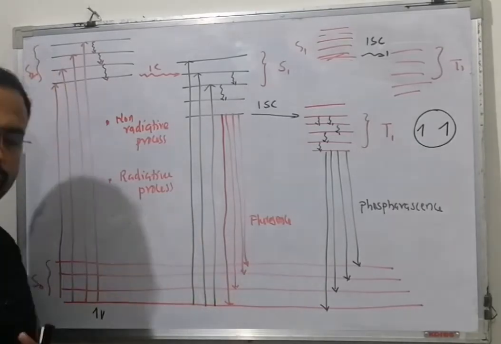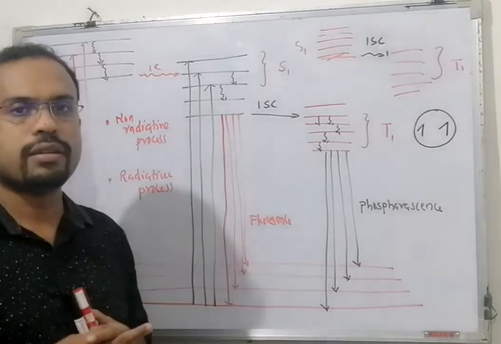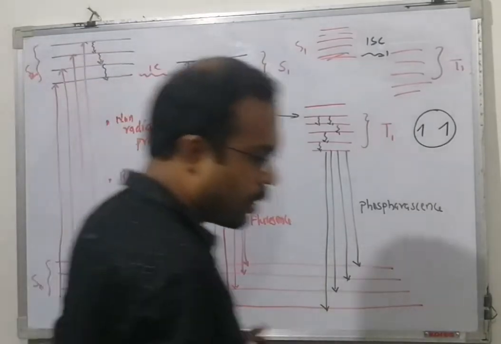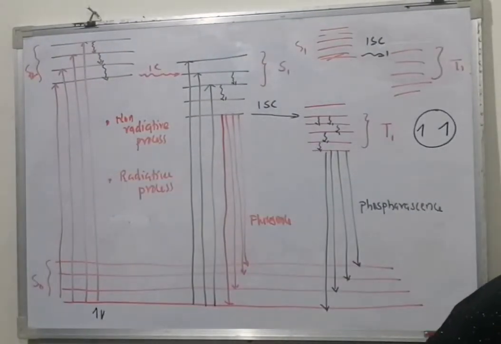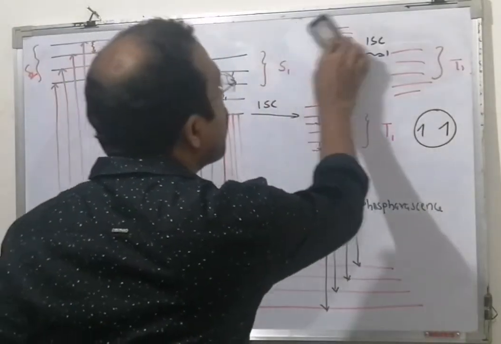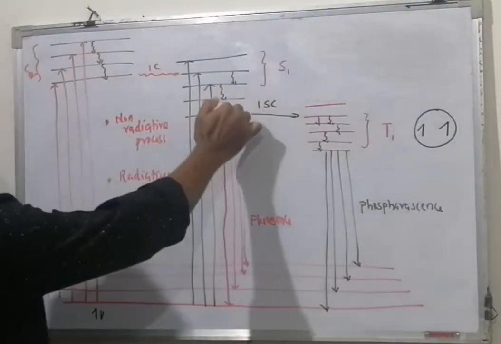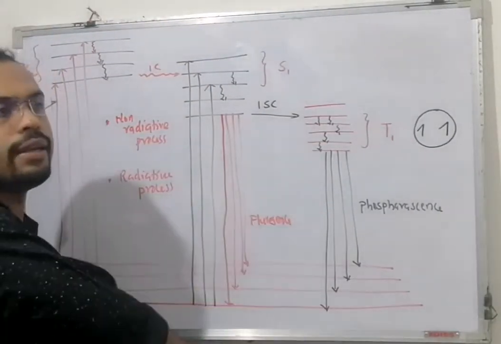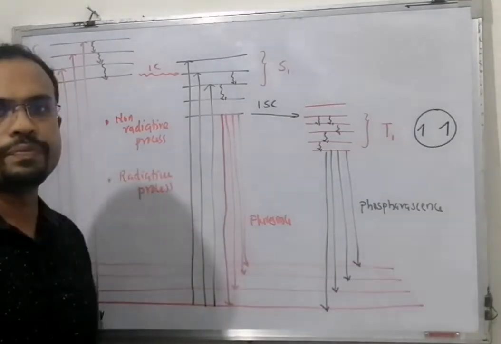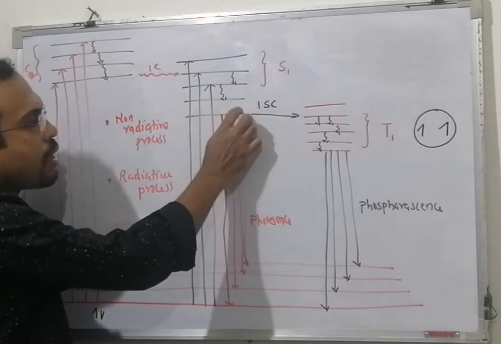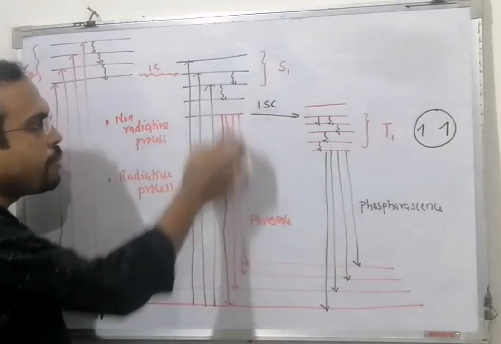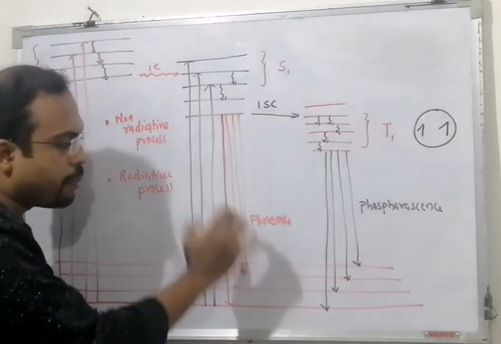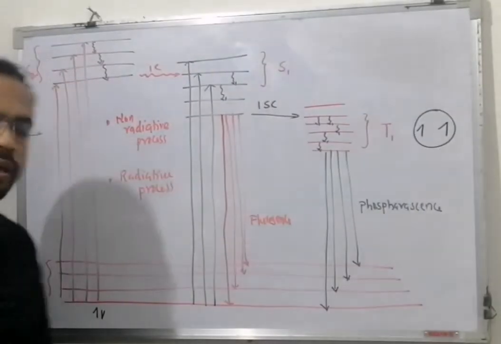Now what is fluorescence? Fluorescence is a radiative emission. It is the come down, or emission, of the molecule from the lower vibrational level of the singlet excited state to any vibrational level of the ground electronic level.